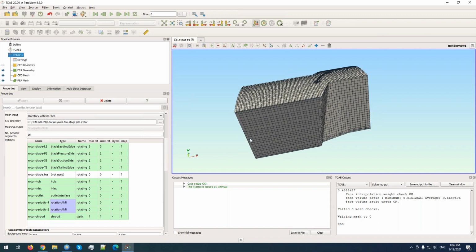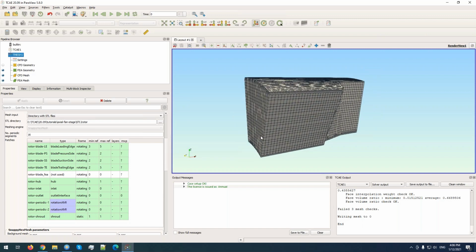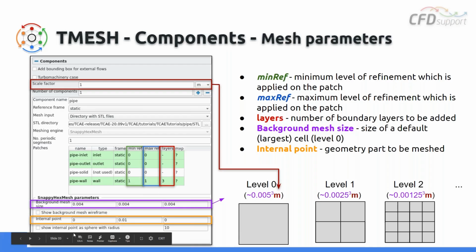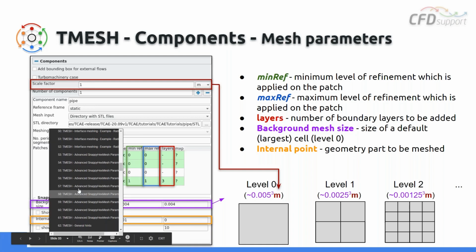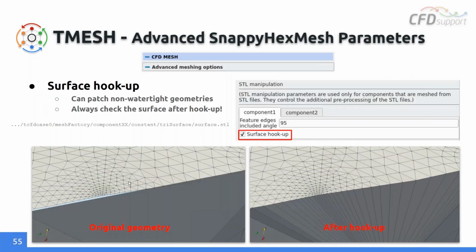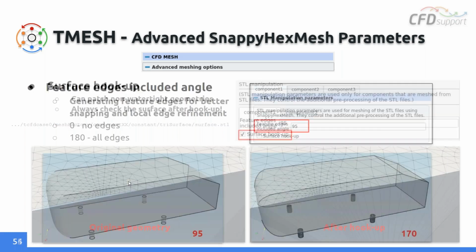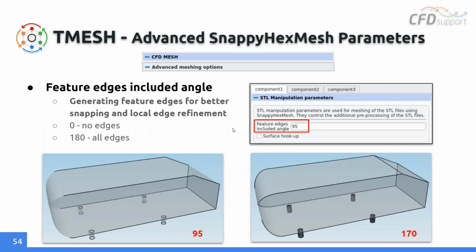So we can do it, for example, in a more clever way. I think if I borrow another slide, it's somewhere here. So it's not this one, it's this one. Yeah, there is the option in the advanced menu to automatically generate so-called feature edges, which are basically the edges connecting two parts which are split by sharp shapes, let's say.